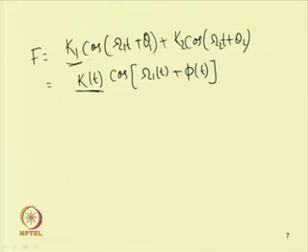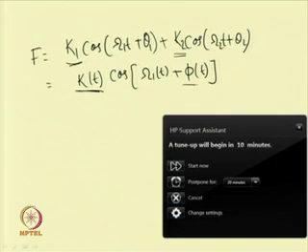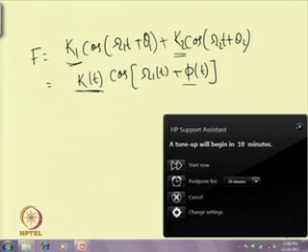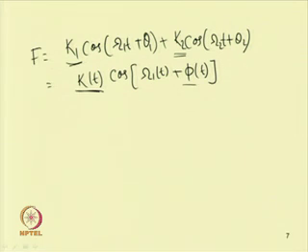Previously k1 and k2 were constants, but by adding them we can write k as a function of time, and this phi, that is the phase, is also a function of time.